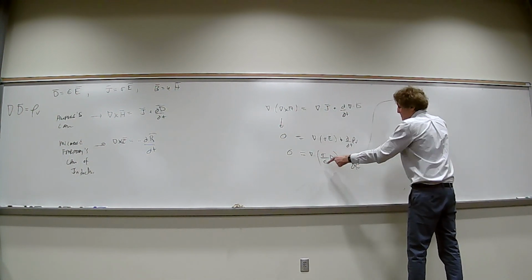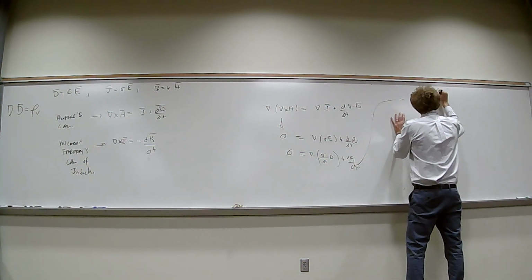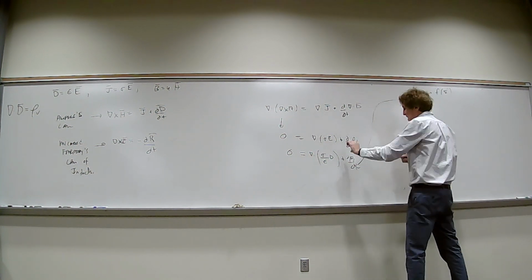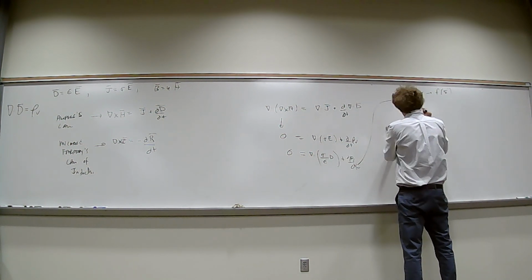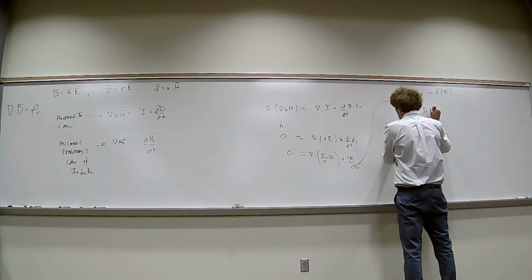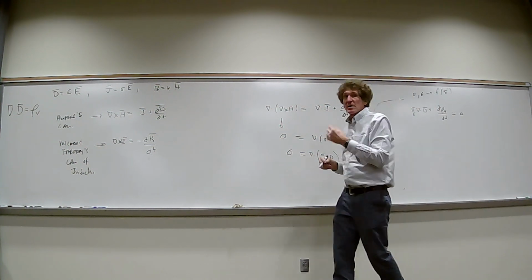Now, if both sigma and epsilon are not functions of spatial coordinates at all, if they're constant, you can take that in front. And then you get sigma over epsilon, divergence of D plus d rho V dt equals 0. Can everybody follow me what I'm doing here?